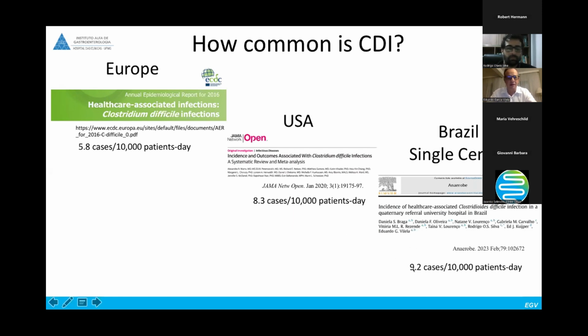It's a number greater than a multicentric study that was conducted in Europe that showed 5.8 cases per 10,000 patient-days. In the United States, 8.3 cases per 10,000 patient-days.